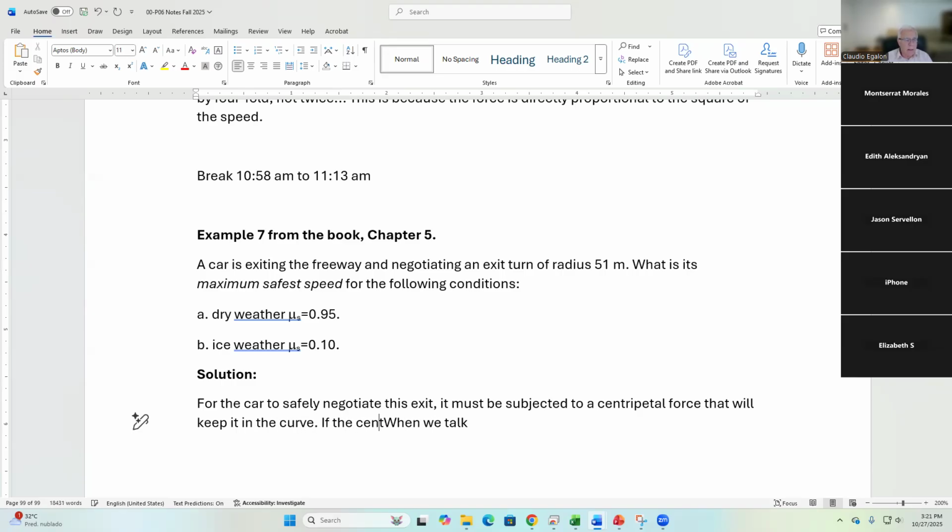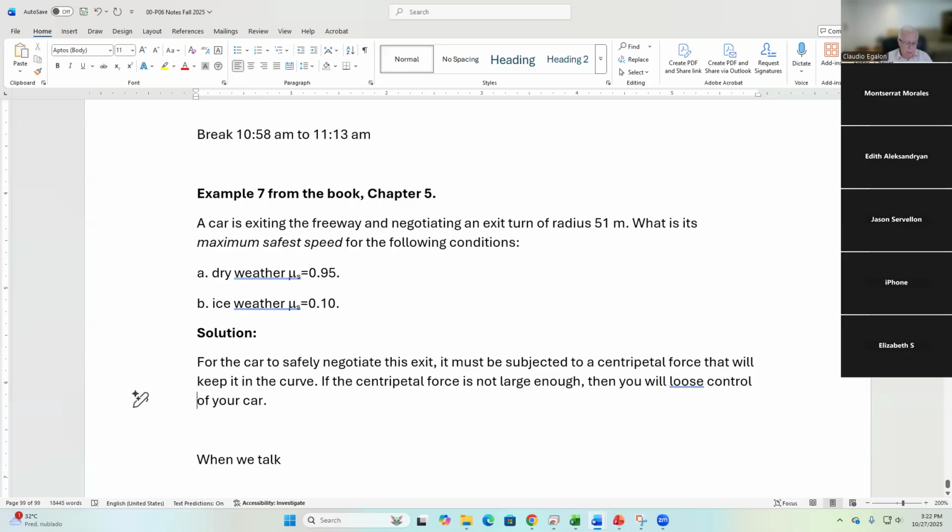If the centripetal force is not large enough, then you will lose control of your car. And one more thing, keep in mind that the centripetal force is not necessarily a single force, but it may be a summation of forces.